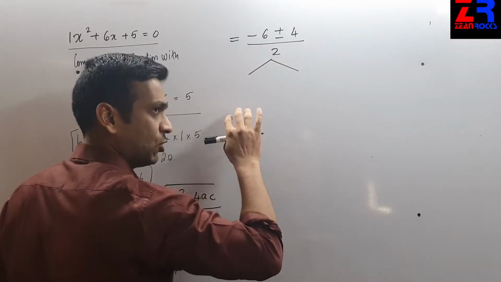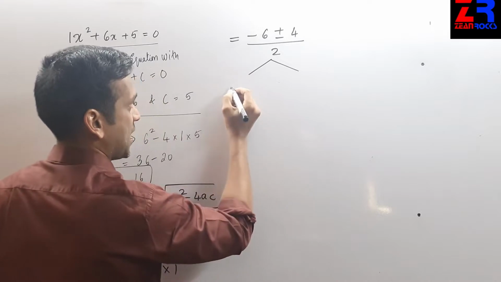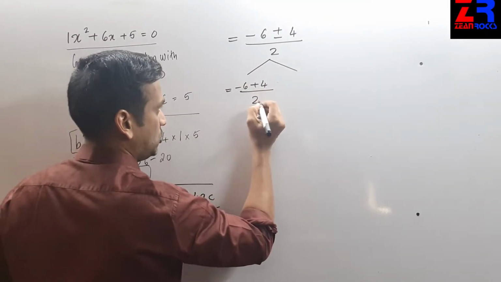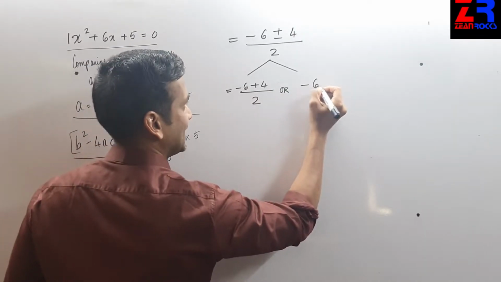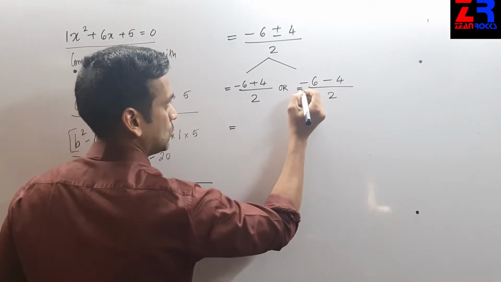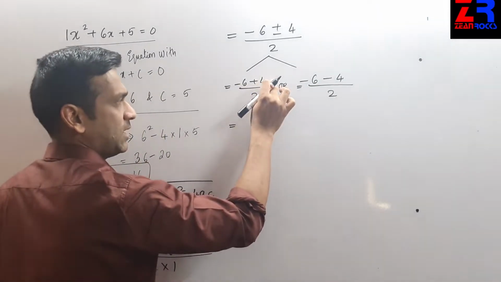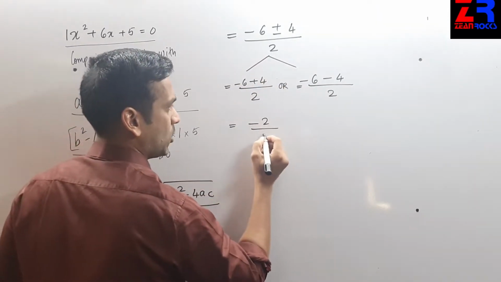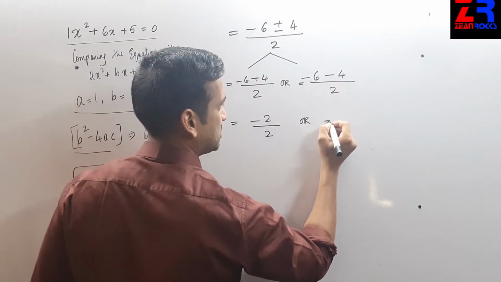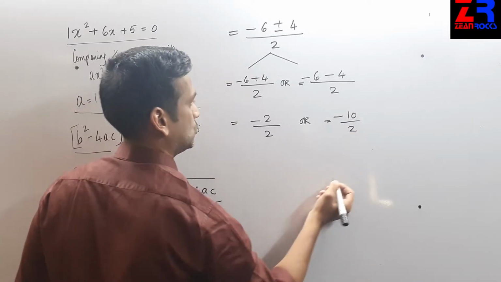It will be plus 4 or it will be minus 4. So I will get minus 6 plus 4 upon 2 or minus 6 minus 4 upon 2. Minus 6 plus 4 is minus 2 upon 2, or minus 6 minus 4 is minus 10 upon 2.